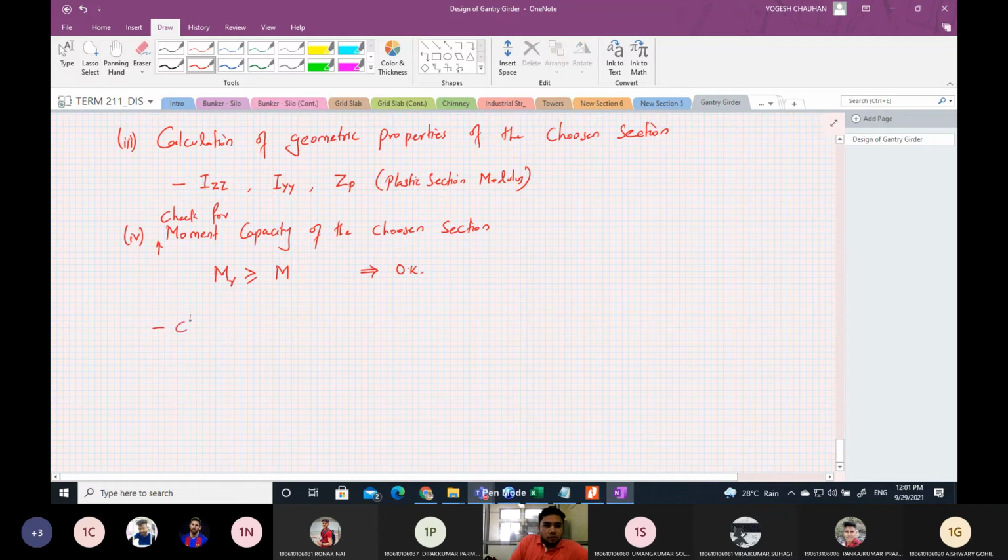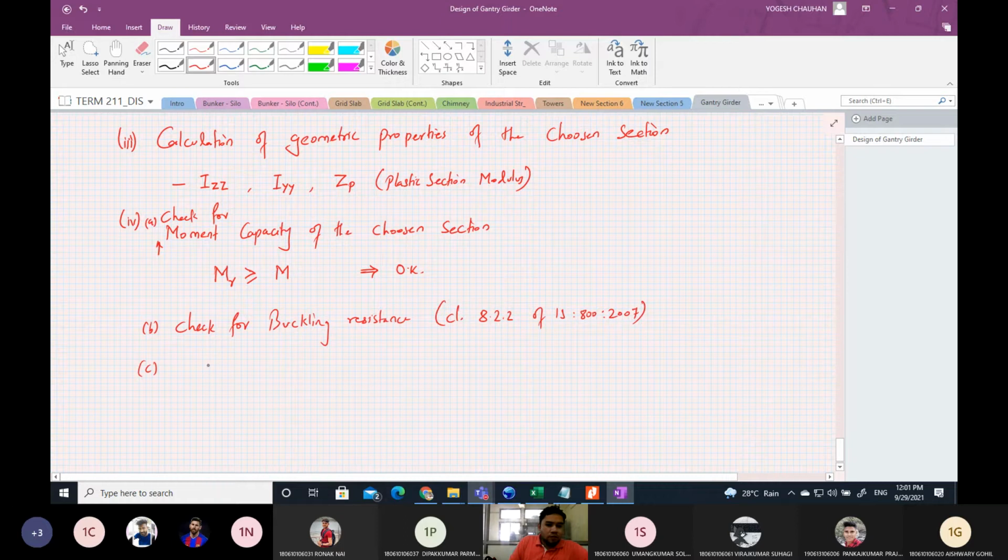Then we do check for buckling resistance. This is in accordance with clause 8.2.2 of IS 800:2007.